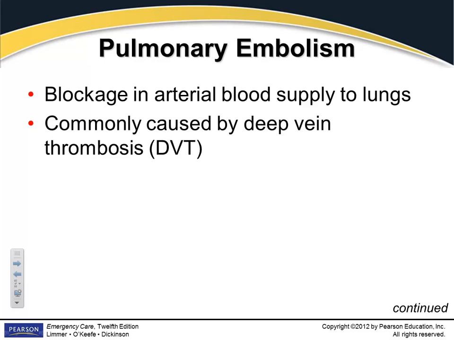We see these very commonly from a deep vein thrombosis, DVT. DVTs usually develop in the lower legs. It can occur from a lot of different things. Say you flew across the country, you flew for 6 hours from San Francisco to Atlanta, and you didn't get up a single time.